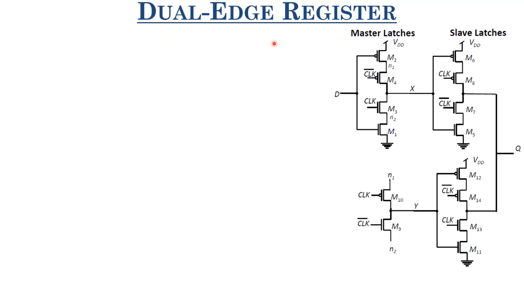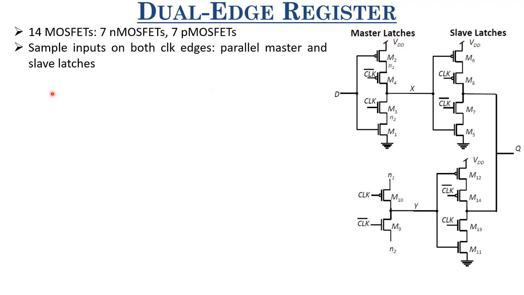So what happens in the dual edge register is you can now sample the data at both edges of the clock. This is the simple circuit of this dual edge register. It consists of 14 MOSFETs, 7 NMOSFETs and 7 PMOSFETs. And as I discussed, the best part about this is that it samples inputs on both clock edges.